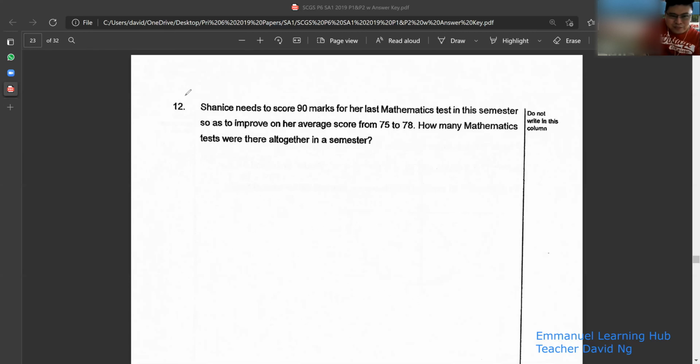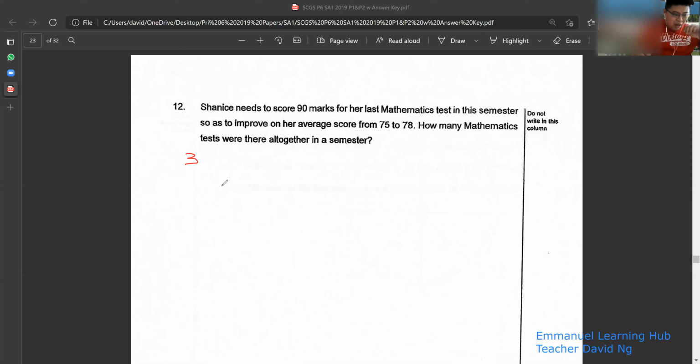So you see, she needs to score 90 marks, so to improve her average from 75 to 78. So the difference in the average is 3.